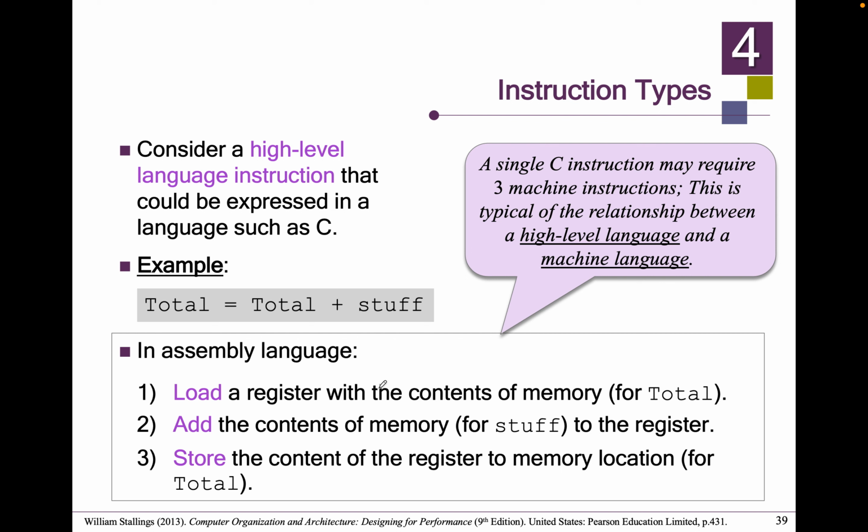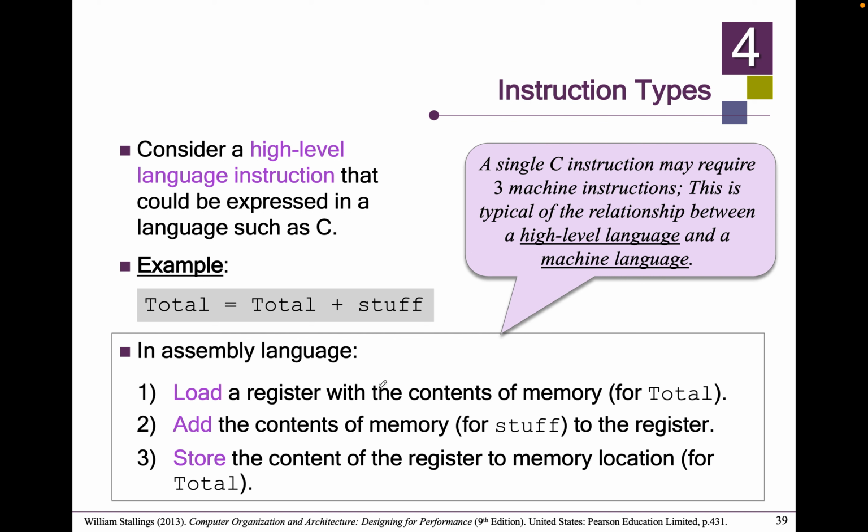A single C instruction may require three machine instructions. This is typical of the relationship between your high-level language and a machine language.